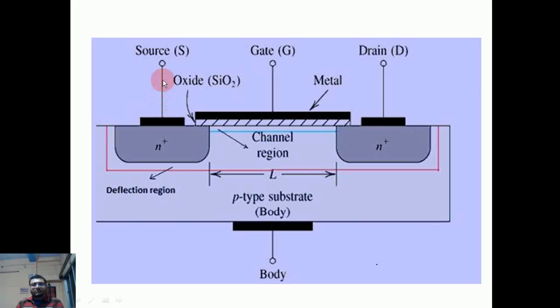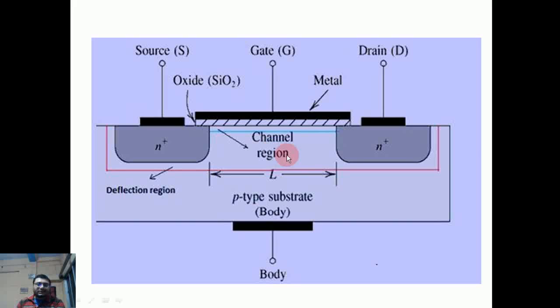In general, the source is kept negative and the drain is kept positive. For that reason, the electrons flow from source to drain and the current flows from drain to source. In this way, the MOSFET works.